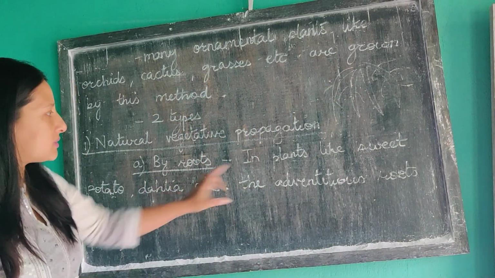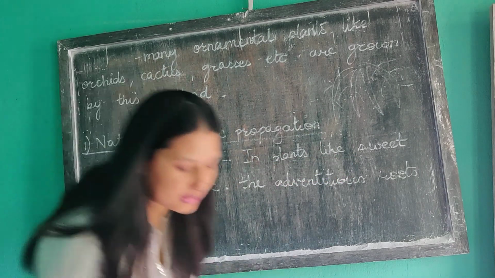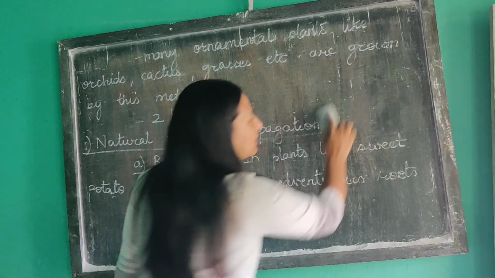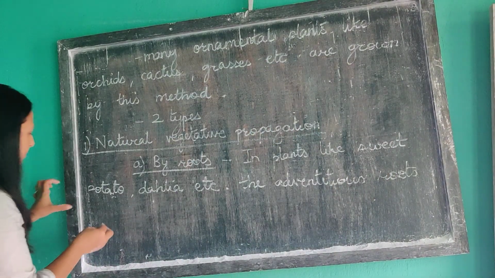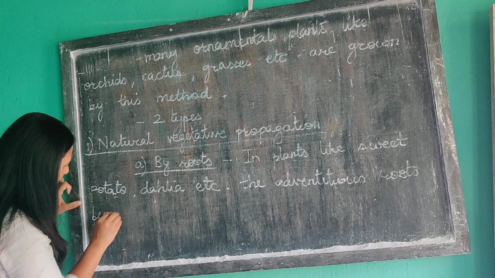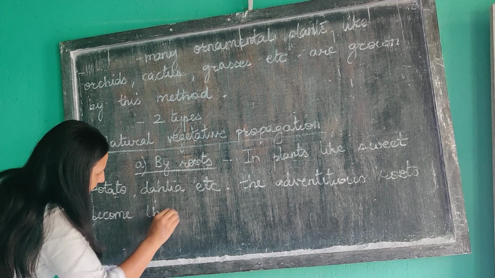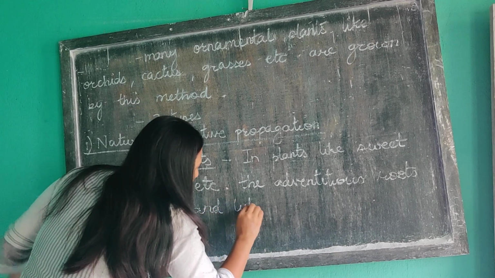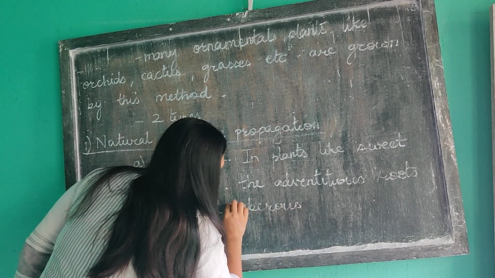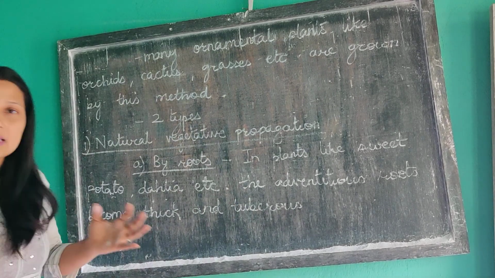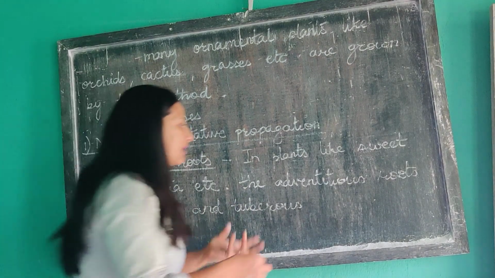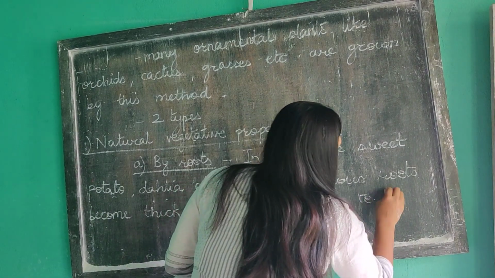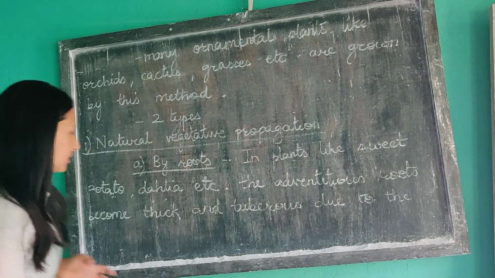So in certain plants like sweet potato, dahlia, etc., these adventitious roots become thick and tuberous. Tuberous means they become enlarged and fleshy. Why do they become thick and tuberous? Due to the accumulation of food in them.